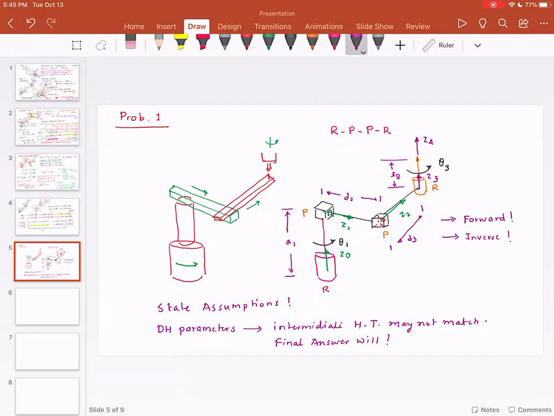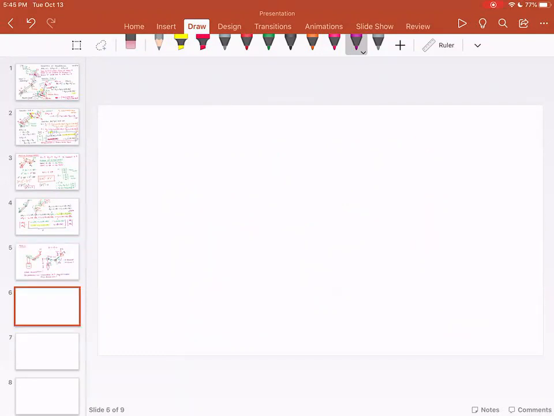The next problem is actually an interesting problem. Just to give you a hint, in problem 2, you have a revolute joint. Then this revolute joint is attached to another revolute joint.